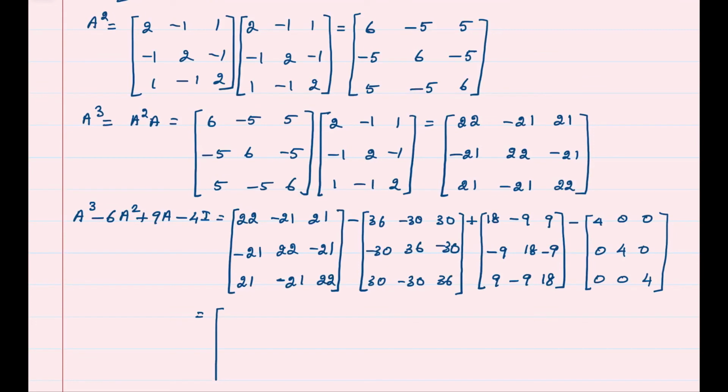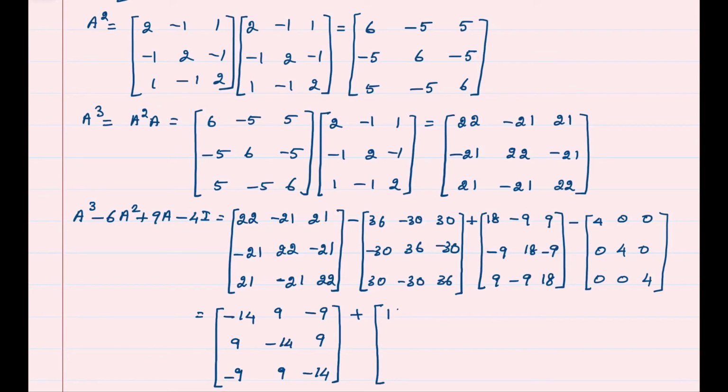We will subtract the first two matrices. We get minus 14, 9 minus 9, 9 minus 14 plus 9, minus 9 plus 9 and minus 14. And let us subtract the last two matrices.